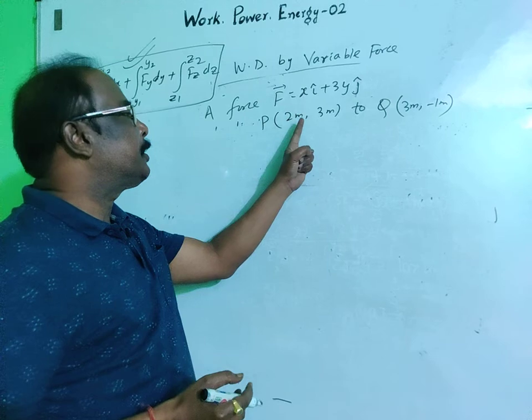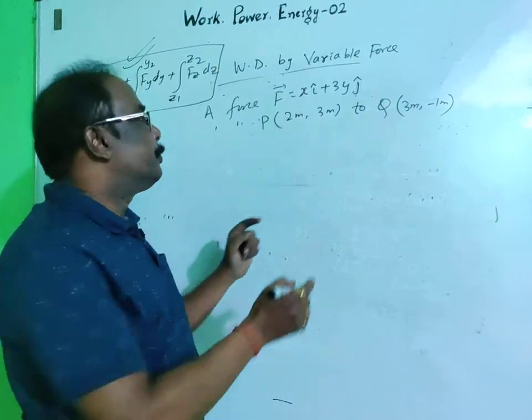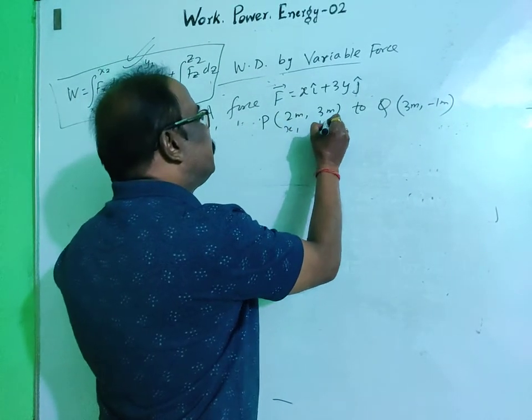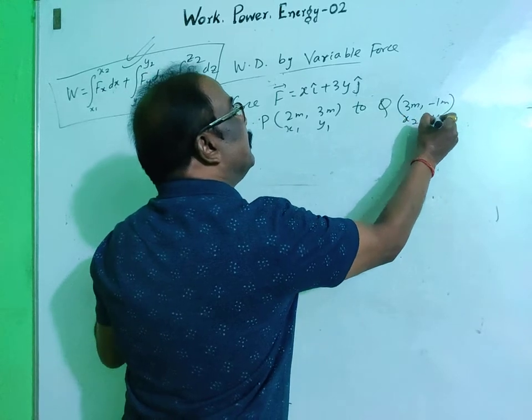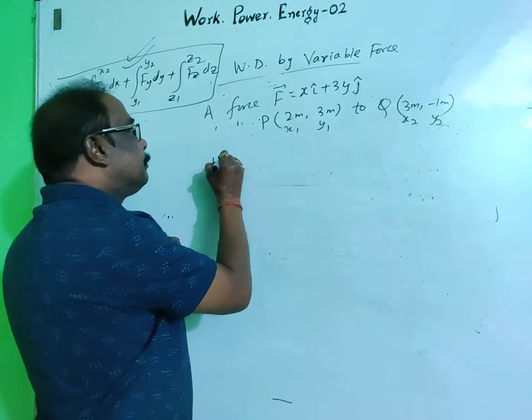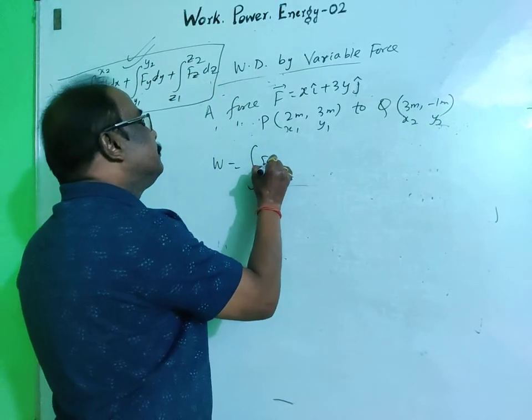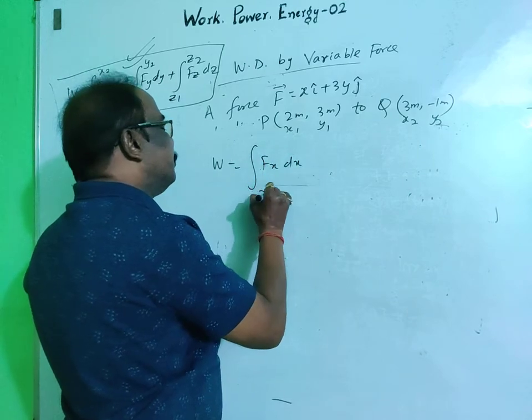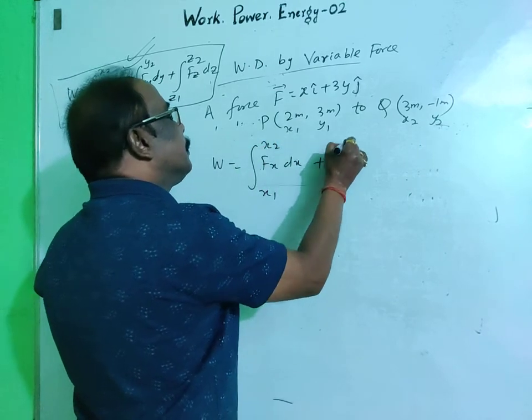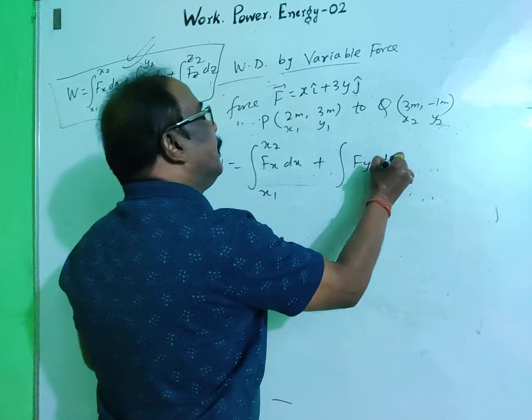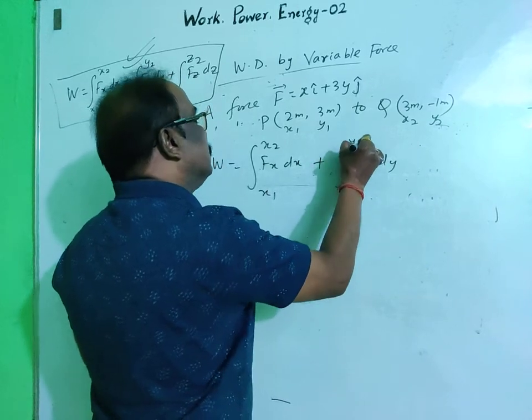This force displaces a body from this point to this point. So this is x1, this is y1, this is x2, this is y2. Then total work is the integration of fx dx from x1 to x2, plus the integration of fy dy from y1 to y2.